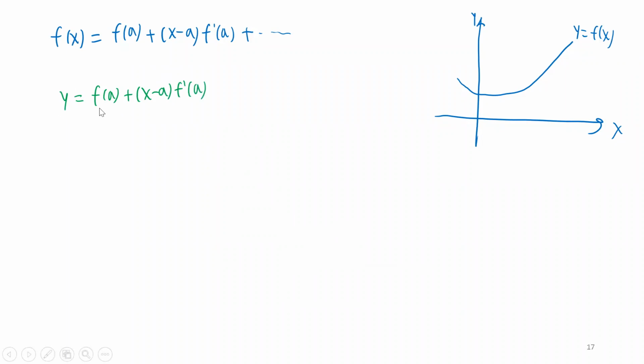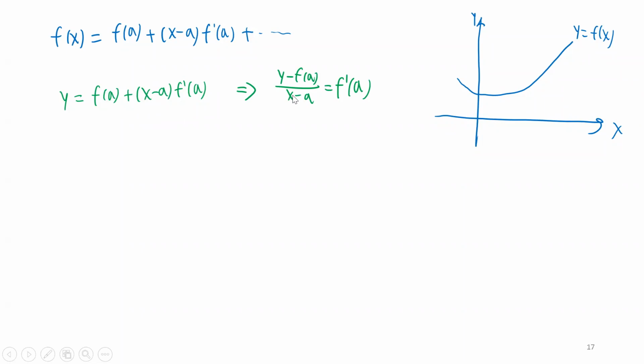If you rearrange the terms, first of all you can clearly see that this is a straight line, because you have this linear term in x. It can be written as y minus f of a, divided by x minus a, equals f prime a. This is clearly the equation of a straight line.